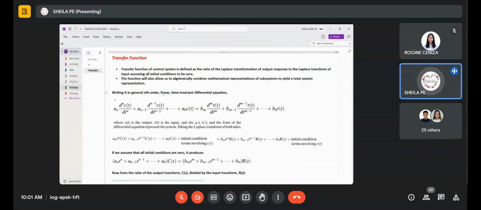Now, taking the a sub i and b sub i of this for full equation, the form of the differential equation represents the system.